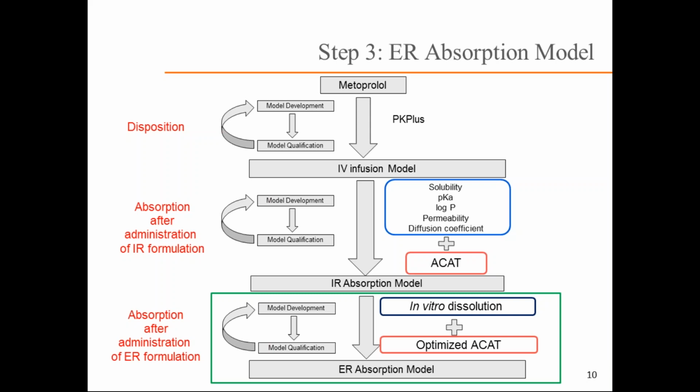So in the last case, you can see that we are stepwise building all three different factors into the ER absorption model. In IV infusion, we first take account of the disposition. In the IR absorption model, we add absorption plus disposition and physicochemical properties. And lastly, on top of that, we add the in vitro dissolution profile of that particular formulation.